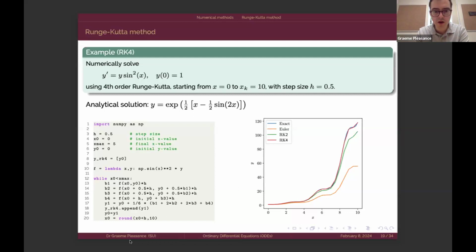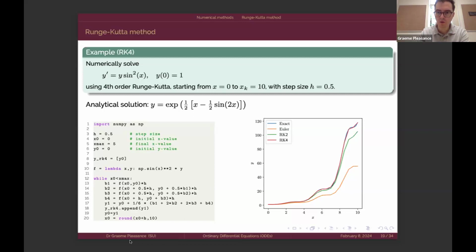It says there are RK1, which is Euler adjusted, then RK2, RK3, RK4, RKn, in order to be able to solve numerically nth order ODEs that are either linear or non-linear. Just to clarify, when I said nth order, for example RK2 or RK4, the order that I mentioned doesn't correspond to the order of the ODE.